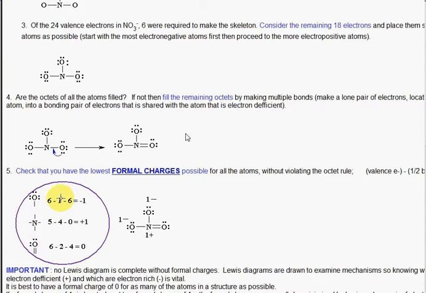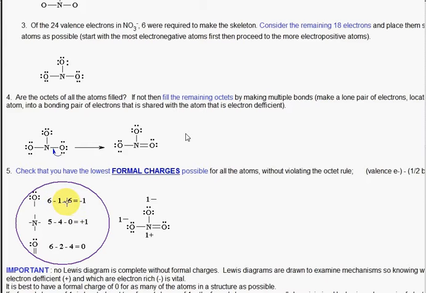Now the 1 is half the number of electrons in bonding. So the bonding electrons, you get half of that. So for instance here you've got 2 electrons that are involved in bonding in this bonding pair right here, and divided by 2 gives you 1.